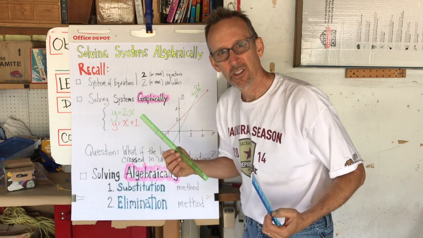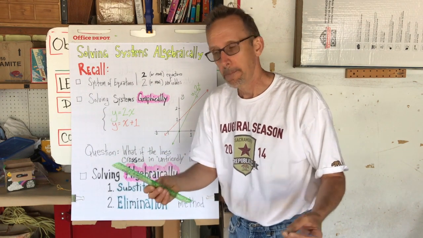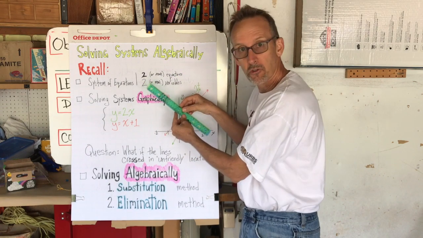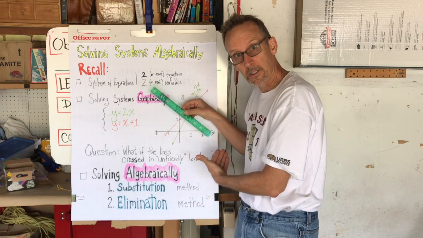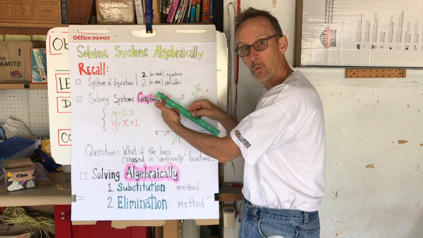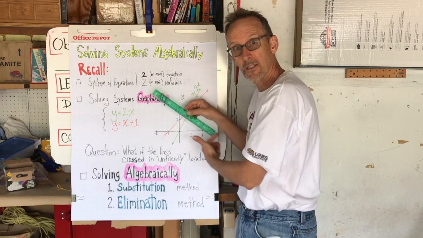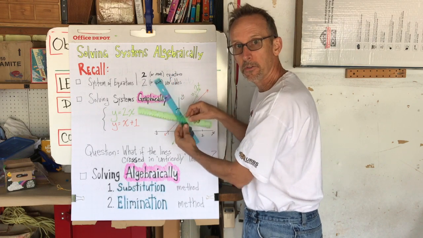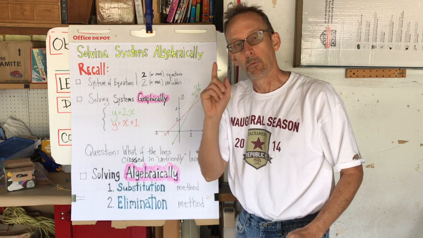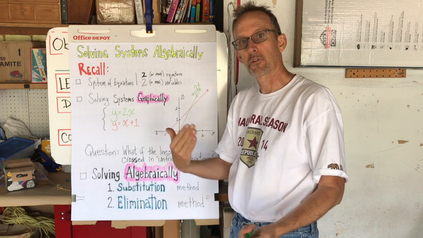In that case, do they cross? No. You could have 2 lines that are directly on top of each other, and then they cross everywhere. So every point that's an answer for one equation is also an answer for the other equation. The other possibility is that they only cross in one place. And where they cross is the solution to the system.